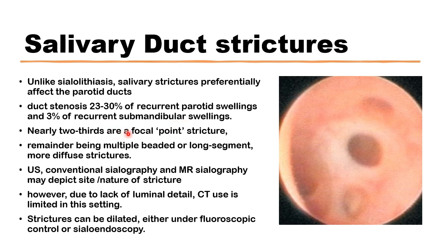Nearly two thirds of these stenoses are just focal grade 1 strictures that can be dilated using sialoscopes and balloons or different ways of dilating strictures. Longer segments or multiple segments are seen in less than a third of the cases.